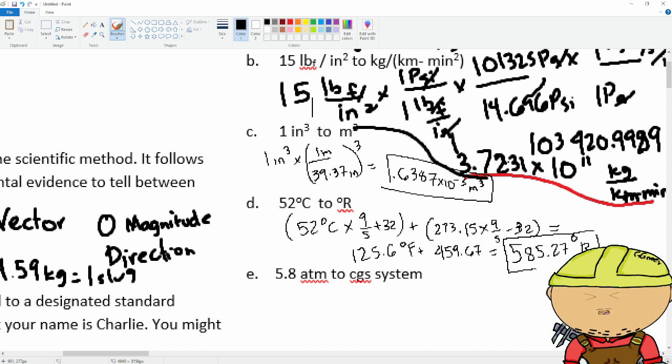Okay, that's the conversion for Rankine. You're just going to add 459.67.